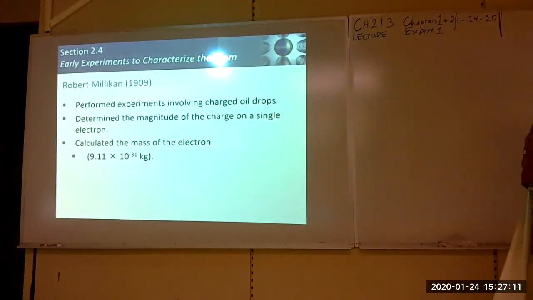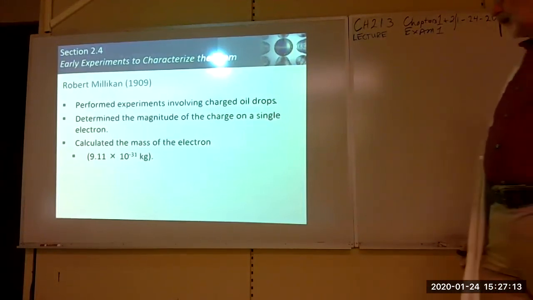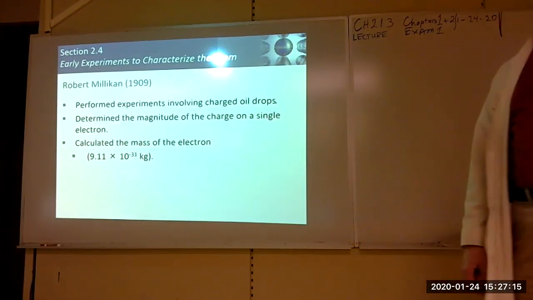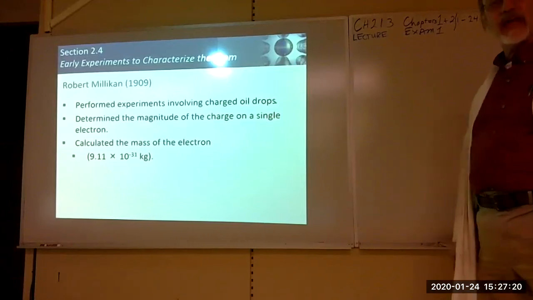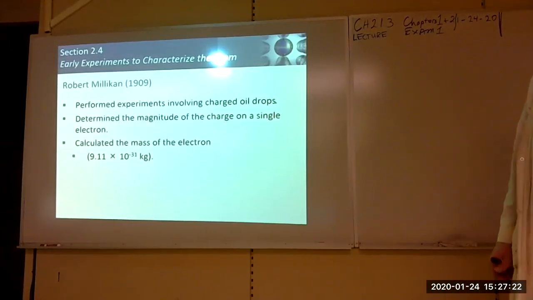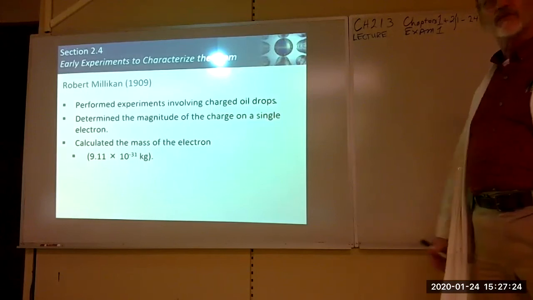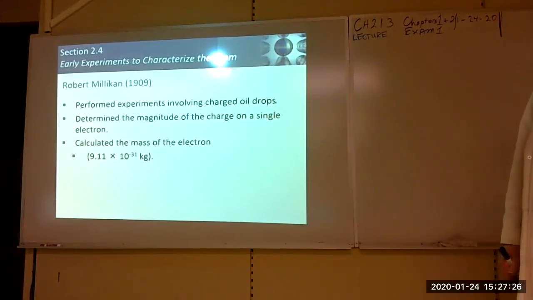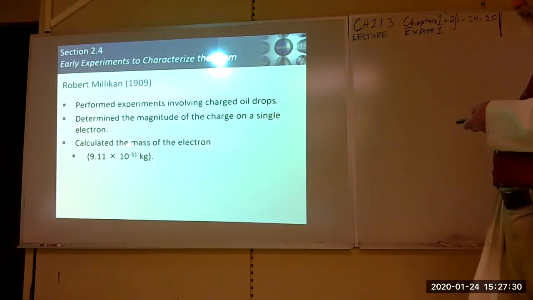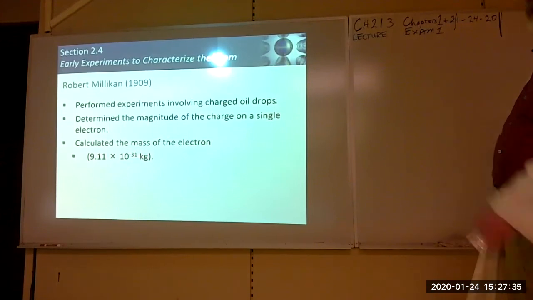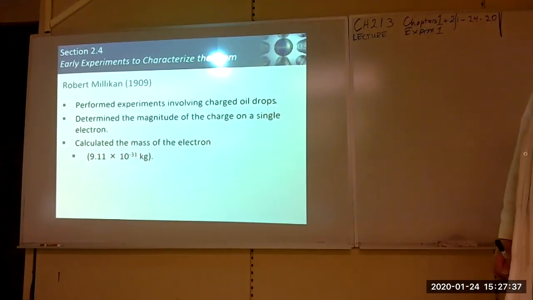And he did it. He repeated the experiment thousands of times, literally. Every spare moment he had when he didn't have teaching duties or didn't have to manage graduate students, he was doing this experiment on his own. And he determined that the mass of the electron was very small, 10 to the minus 31 kilograms. Tiny.